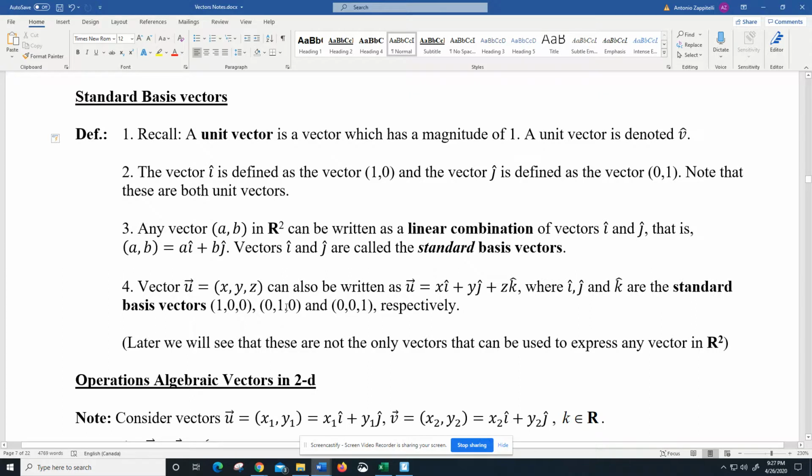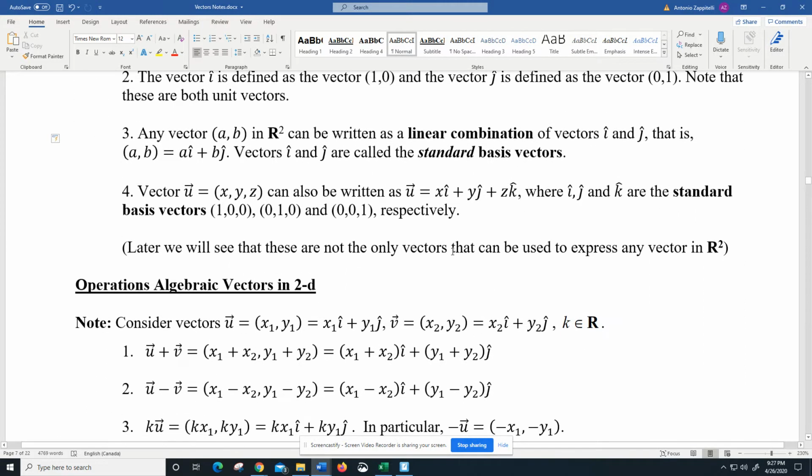But just to let you know that you can also do this in 3D, that you can identify vectors i, which is 1, 0, 0, so in the x direction, 0, 1, 0 in the y direction, and 0, 0, 1 in the z direction. And you can write any vector as a linear combination of these three basis vectors. So i and j, or i, j, and k in 3D are what we call the standard basis vectors. All right? So we'll get to a more general thing later on.